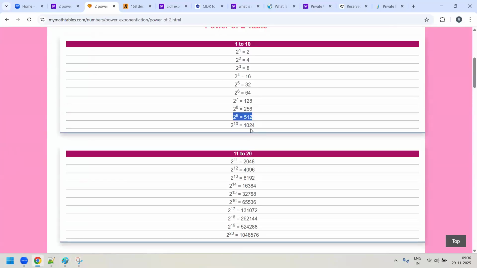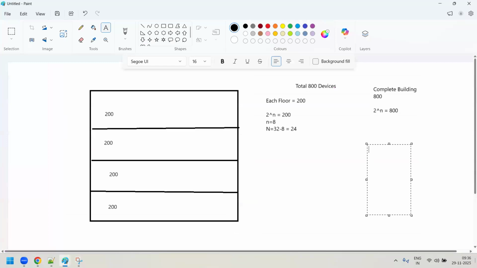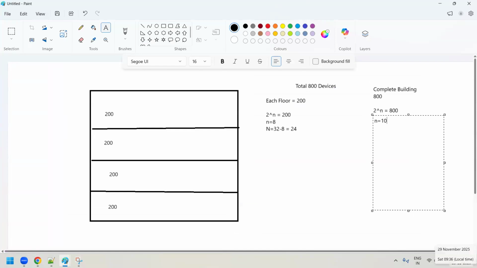You have to take 2 to the power of 10 only, because you have to connect 800, right? So n is how much, guys? The small n is equal to 10. If small n is equal to 10, what is capital N? 32 minus 10 is how much? 22. Am I clear, sir? So now we'll come back here.